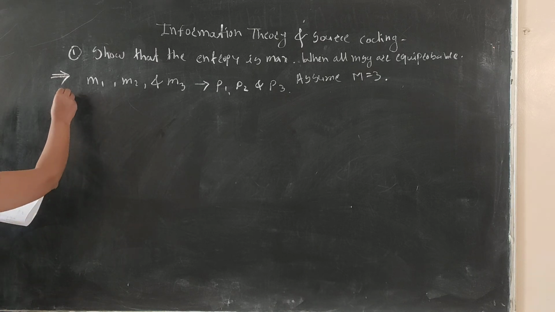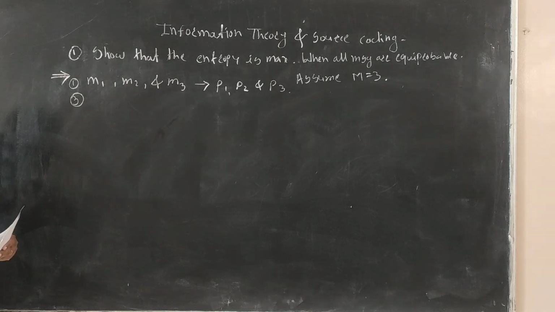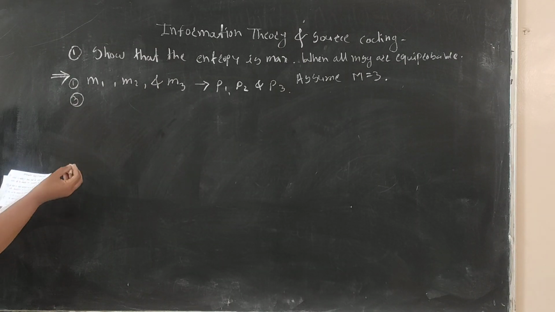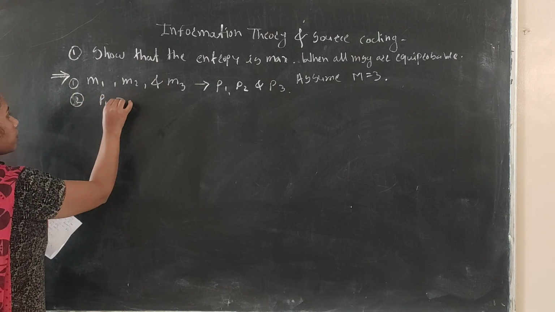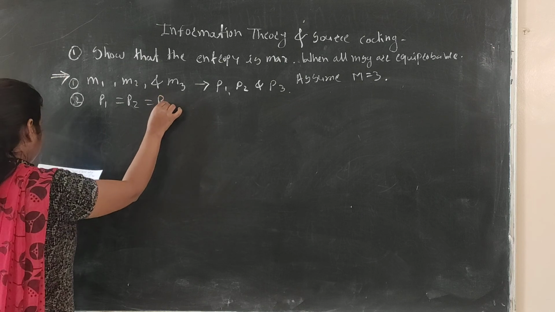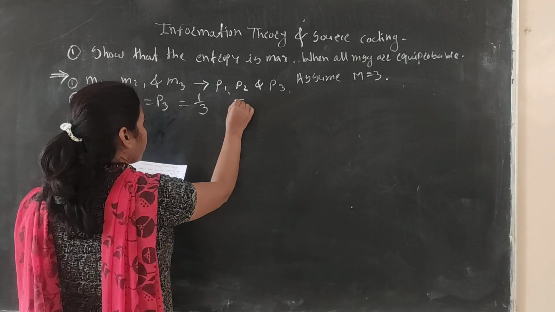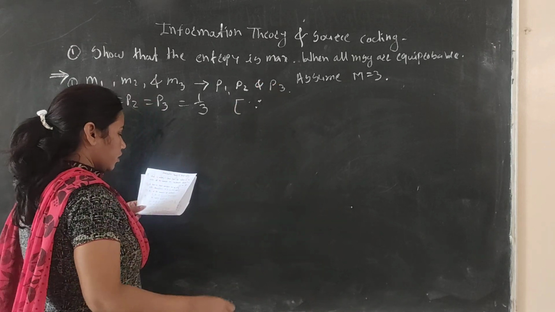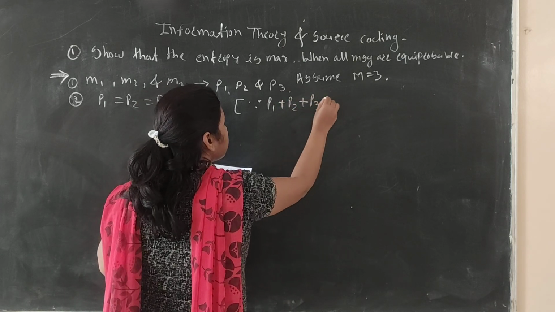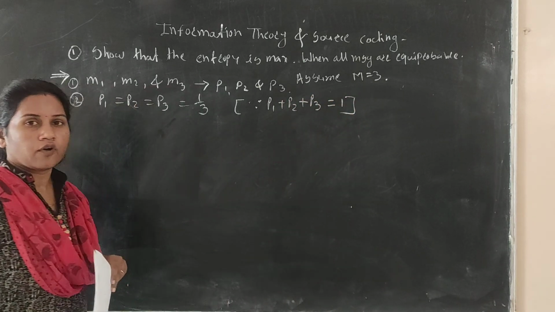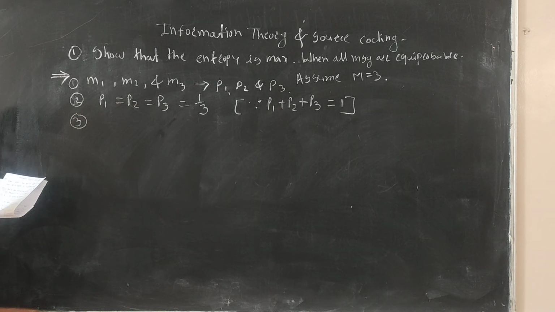As all the messages are equiprobable, p1 is equal to p2 is equal to p3, which is 1 by 3, because p1 plus p2 plus p3 is equal to 1. Hence we can calculate the entropy.